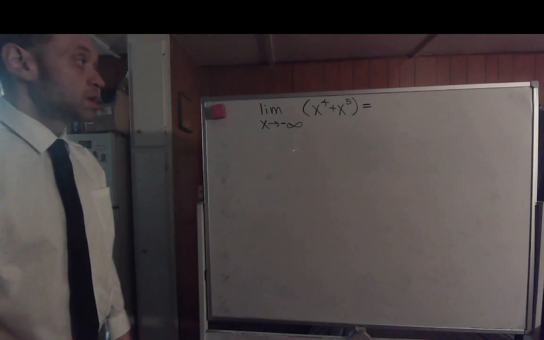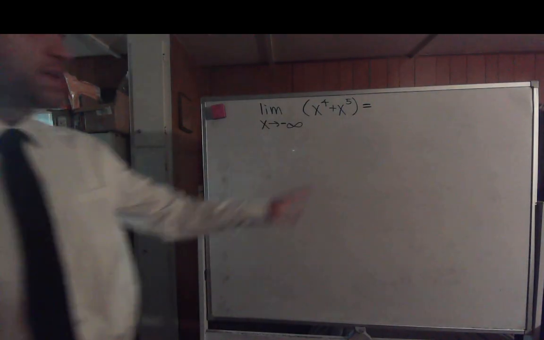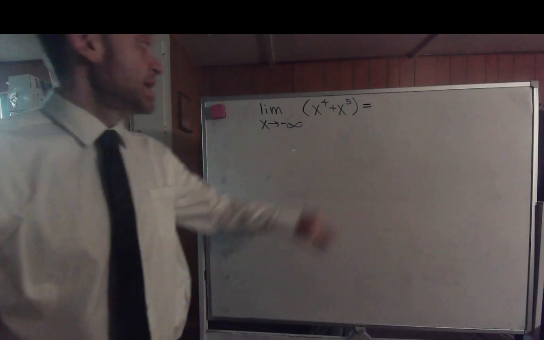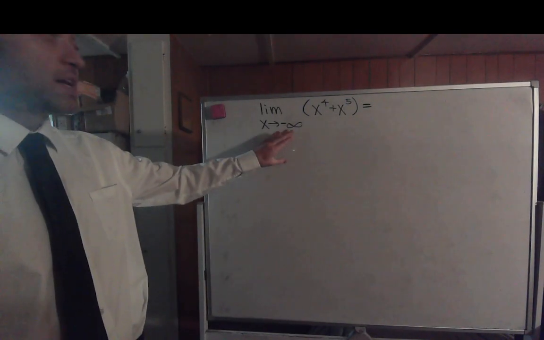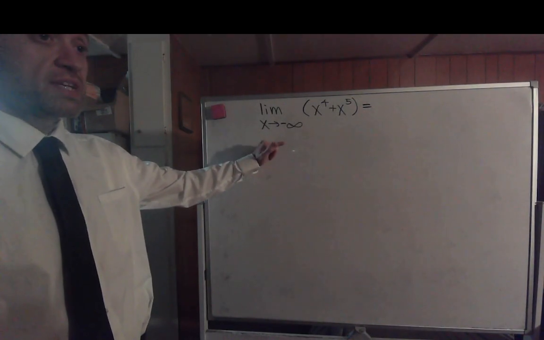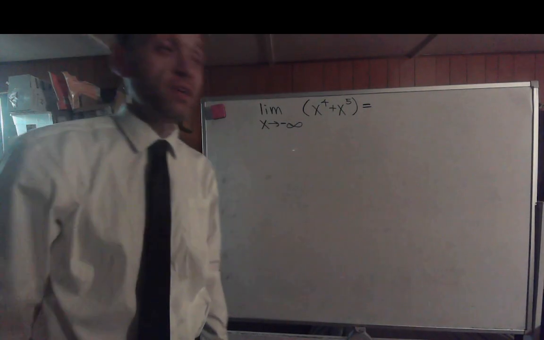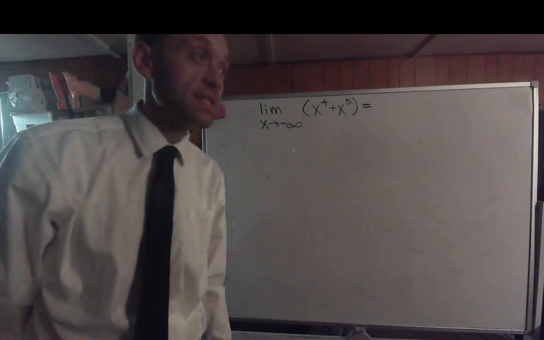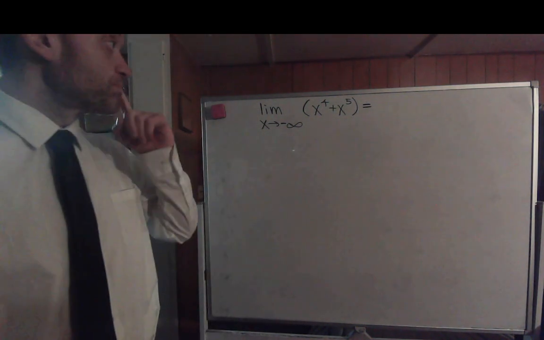Well, again, x to the 5th is definitely increasing faster than x to the 4th. Had we been taking the limit as we go to positive infinity, it would actually be undefined, because then you would have infinity plus infinity. We can't define that.